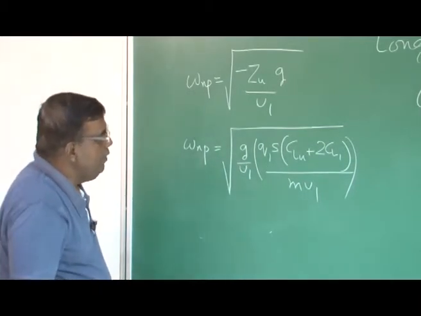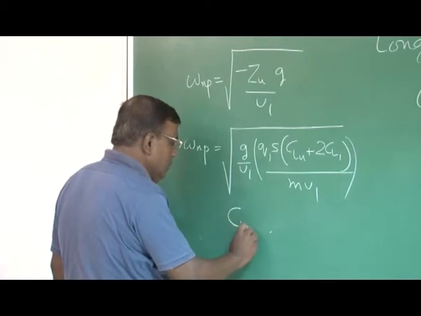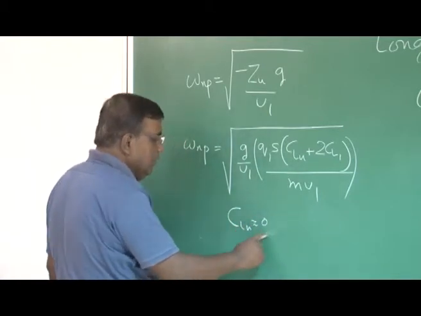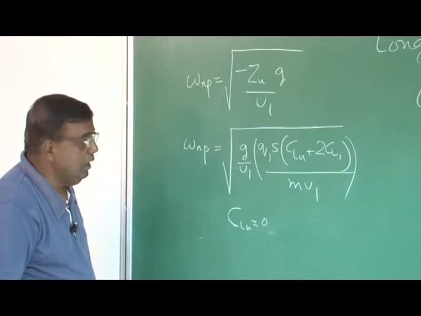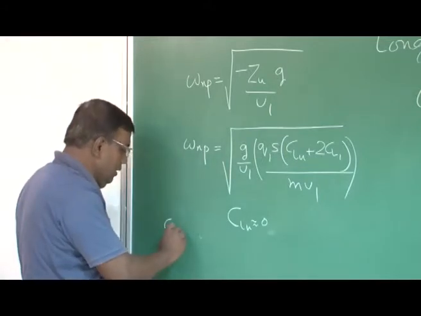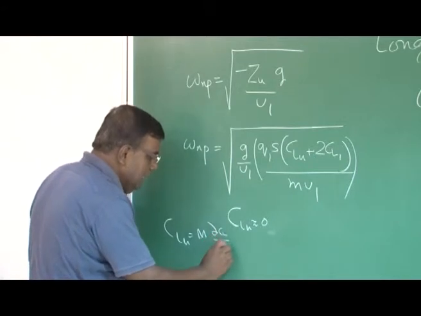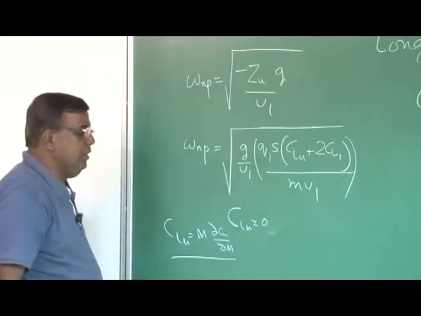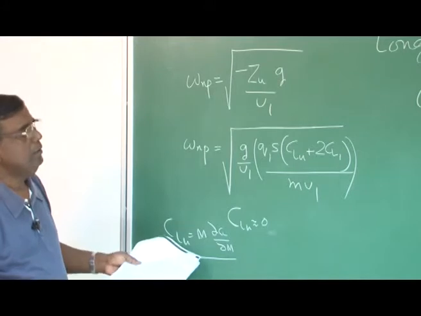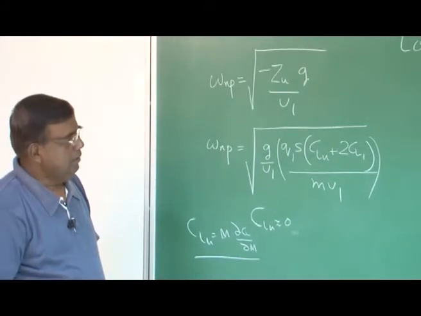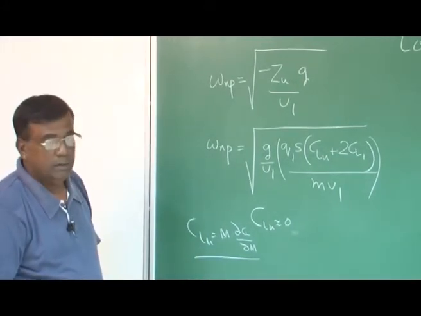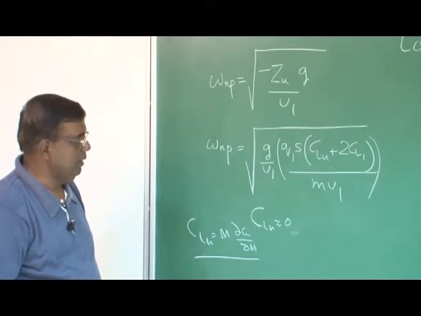Okay. Now I do further approximation. I say CLu is negligible. You remember what is CLu? CLu was M into dCL by dM. Right? Especially for low speed, this value is very, very small or 0, up to 0.6 or 0.7 Mach number.